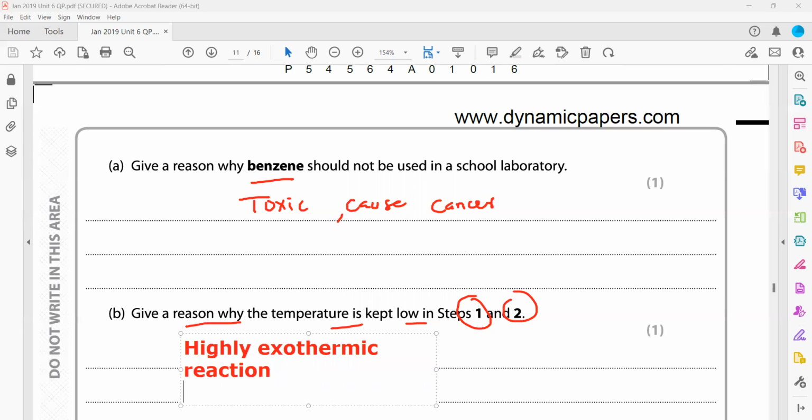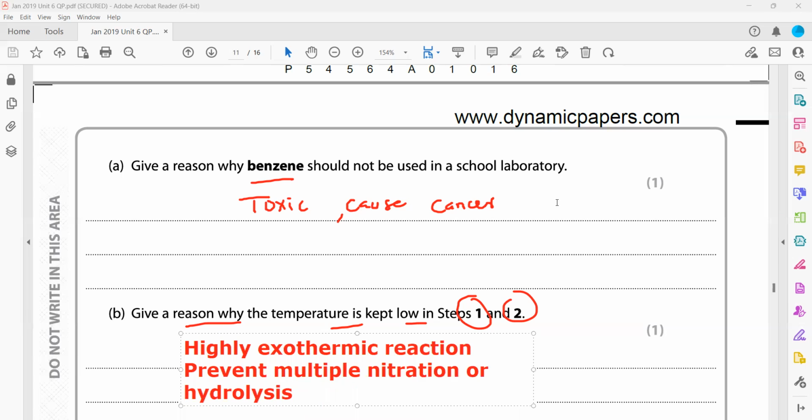As a result, keeping the temperature low will prevent multiple nitration or hydrolysis of the ester. Because it's an ester, esters can be hydrolyzed to carboxylic acid and alcohol. These are the two main reasons we are keeping the temperature below 5.